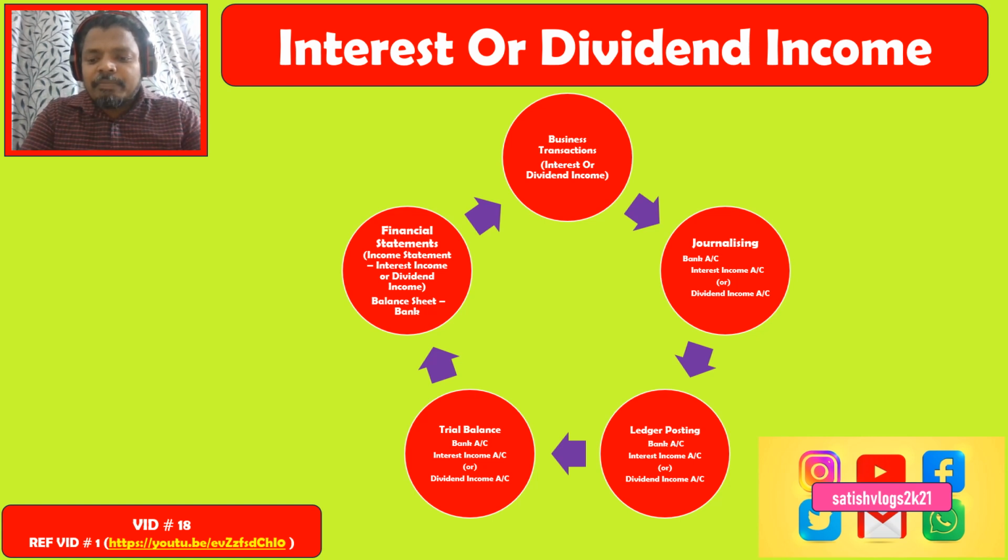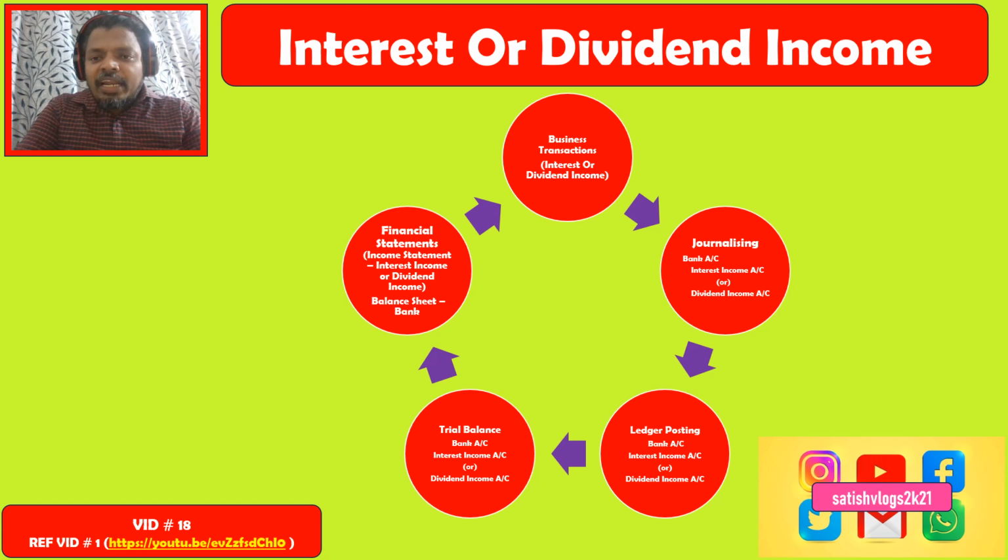Now let's move to the next phase of an accounting cycle, which is the journalizing phase. What is this phase all about? For the business transaction, the journal entries are supposed to be recorded, right? So our business entity would be receiving the money, which means the bank account needs to be debited, right?